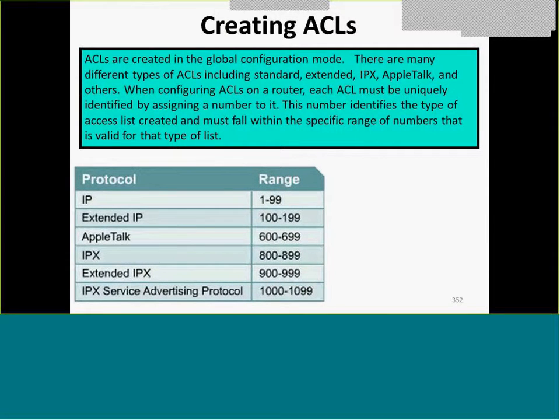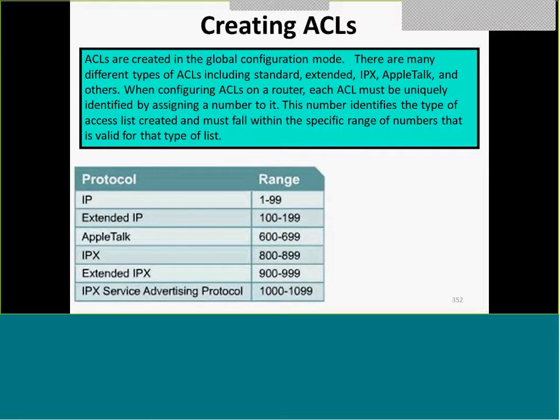For ACL configuration, we have to understand the different categories of ACL. For the CCNA course, only the first two are important. Standard IP: you can just specify source address and destination address to block the connection between them. Second, extended IP. Why do we need extended IP?